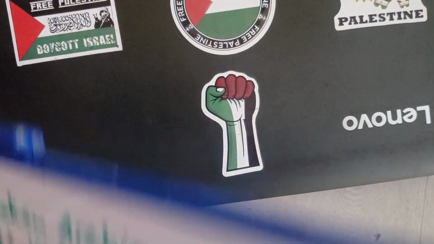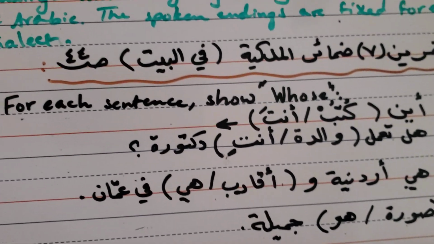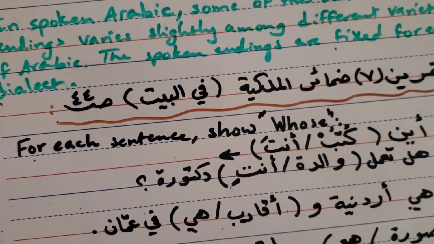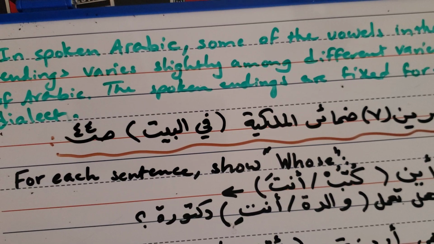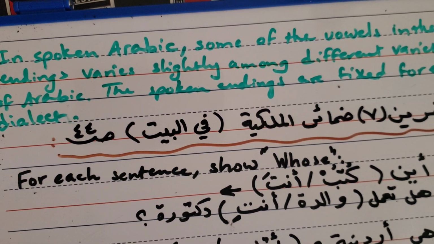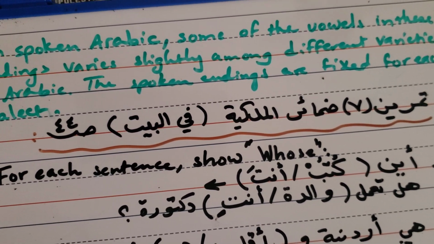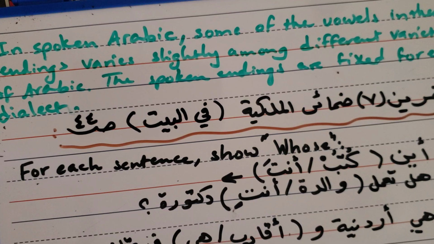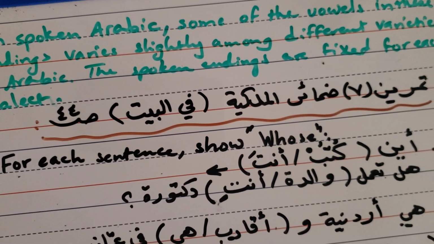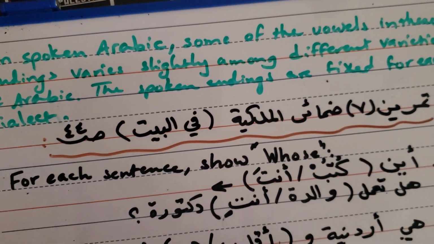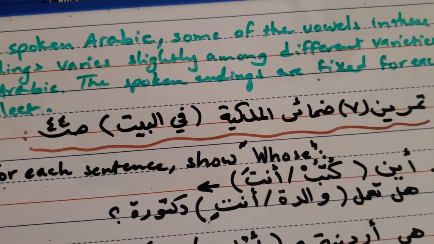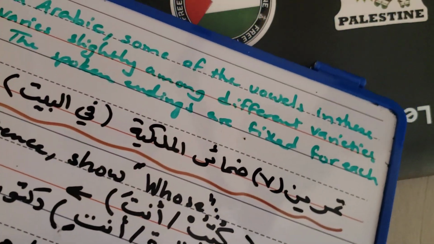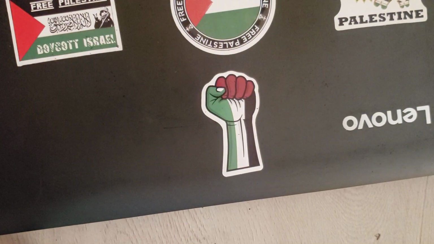Okay, it says here in spoken Arabic, some of the vowels in these endings vary slightly among different varieties of Arabic. The spoken endings are fixed for each dialect. Okay? All right, so let's go back and see how some of the endings are different.